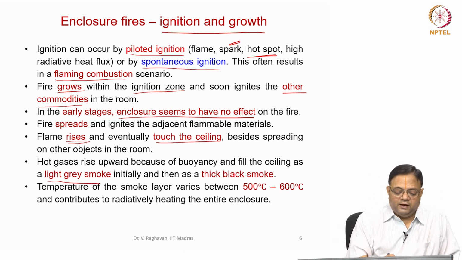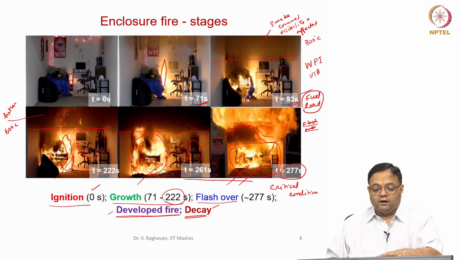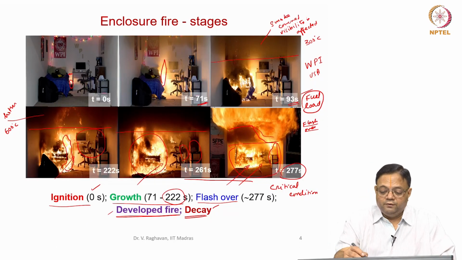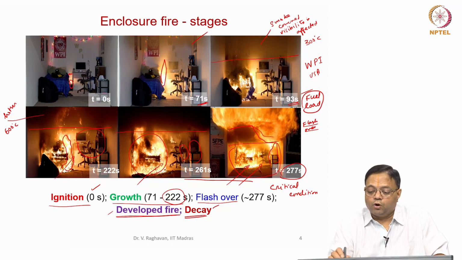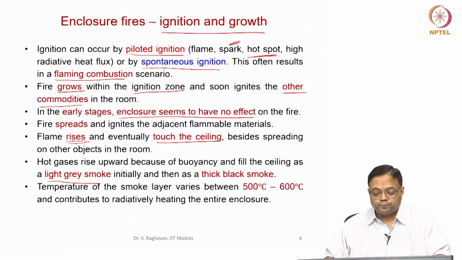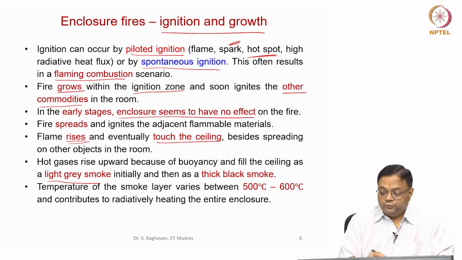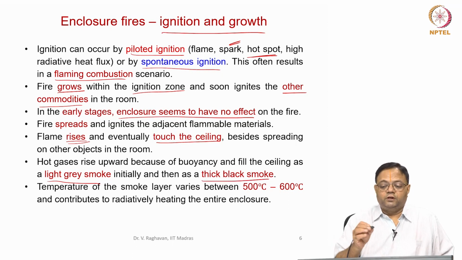So initially what was seen as a light grey smoke, go back here, a light grey smoke at 71 seconds in the scenario, you will see that it has become more and more dark at 93 and 222 seconds. So the light grey smoke transitions to thick black smoke during the growth period.